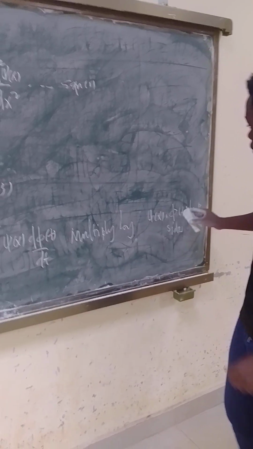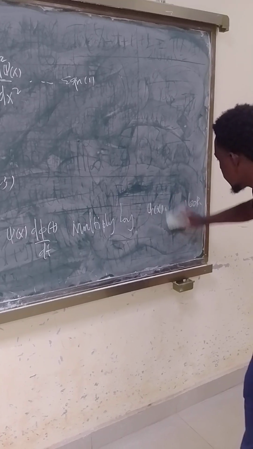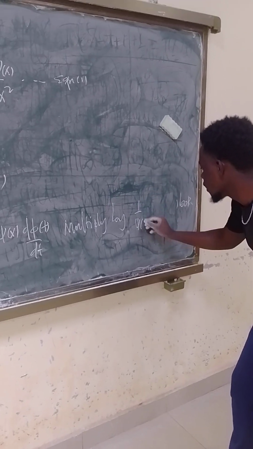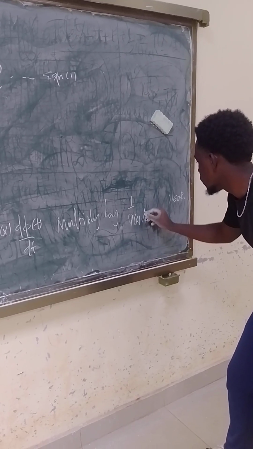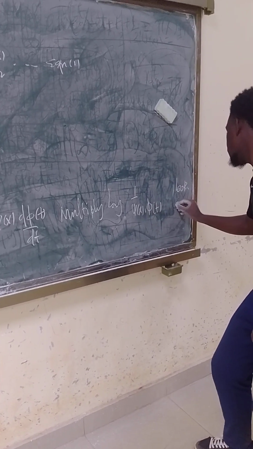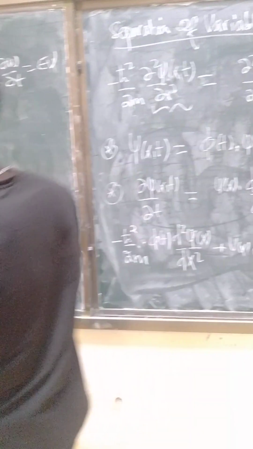Yes, I'm so sorry, this one is the inverse. You multiply by 1 over psi of x times phi of time, both sides.